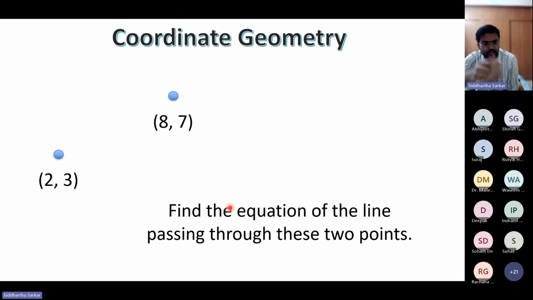So for example, in this figure, we are denoting 2 points by a pair of numbers called coordinates, x coordinate followed by y coordinate. And the question we're asking is, what is the equation of the line passing through these 2 points? Right?